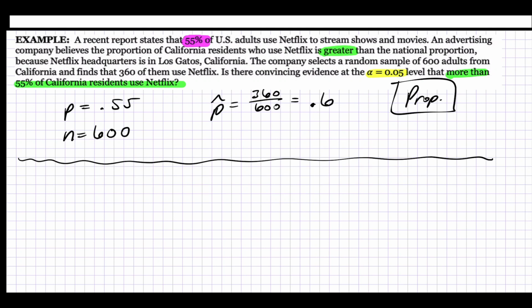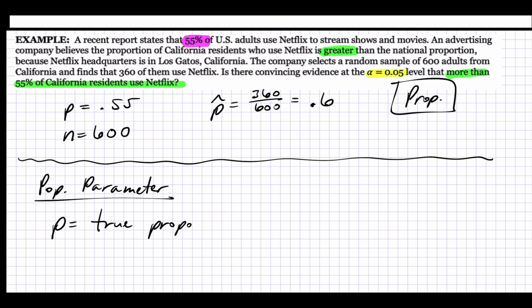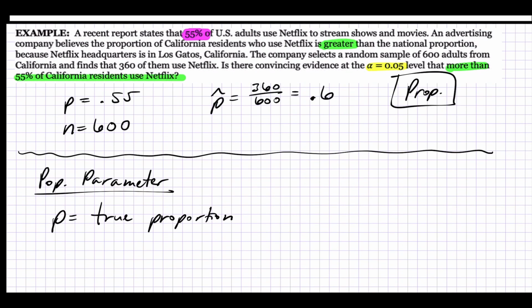So the first step is the population parameter. Since it's proportions, we're going to start with p equals the true proportion. So what is that, 0.55? In words, what does 0.55 mean?